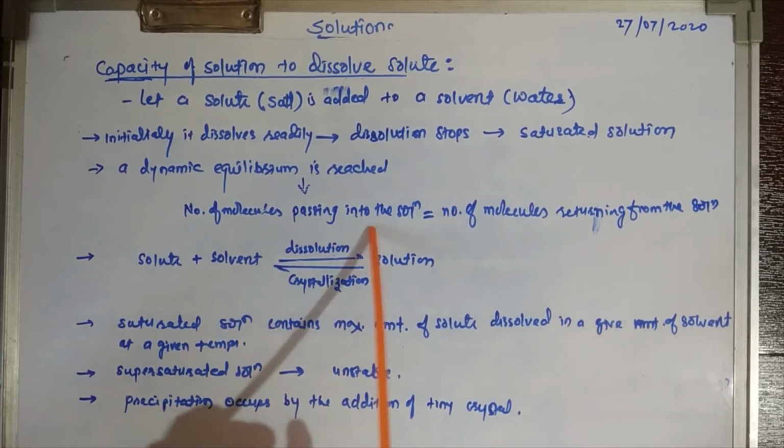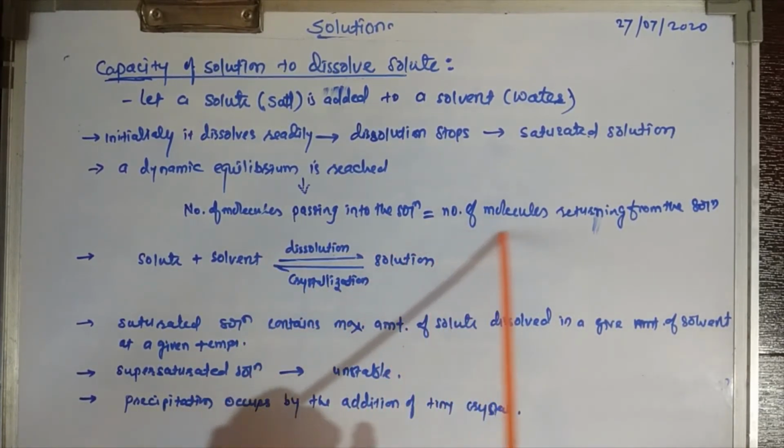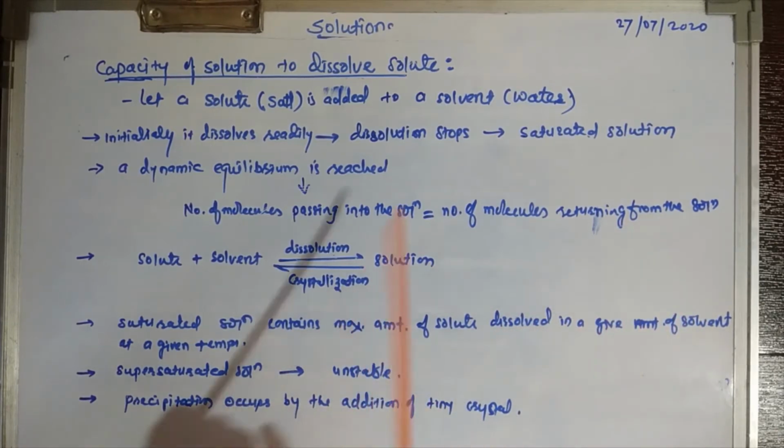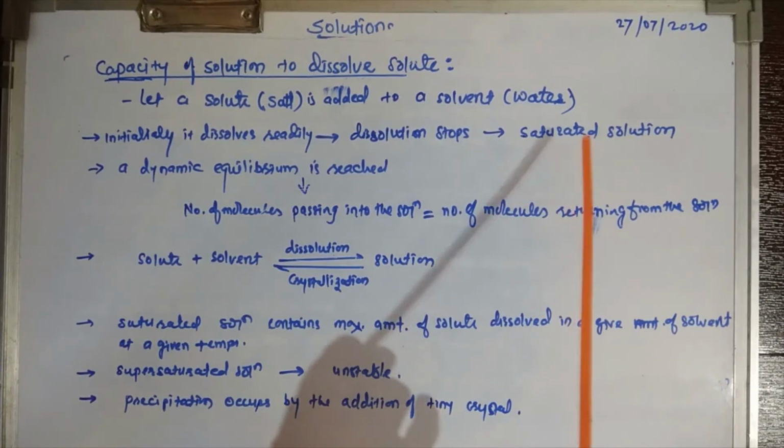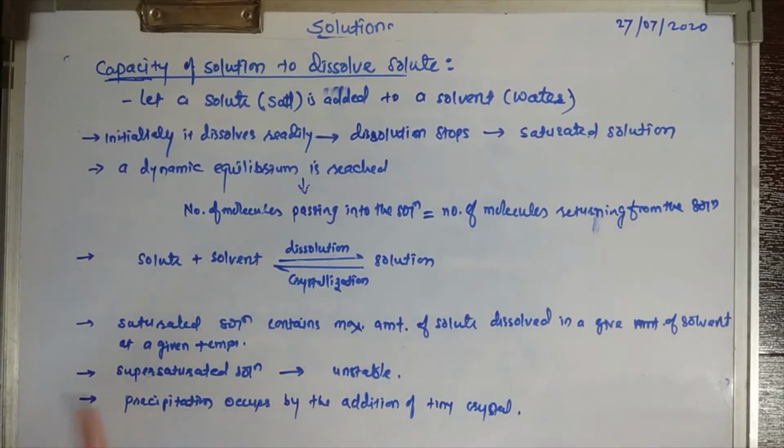So this is the forward process, the number of molecules passing into the solution and the number of molecules returning from the solution. This happens because of the dynamic equilibrium at the saturated solution point. A saturated solution contains the maximum amount of the solute dissolved in a given amount of the solvent at a given temperature. This temperature factor is important.